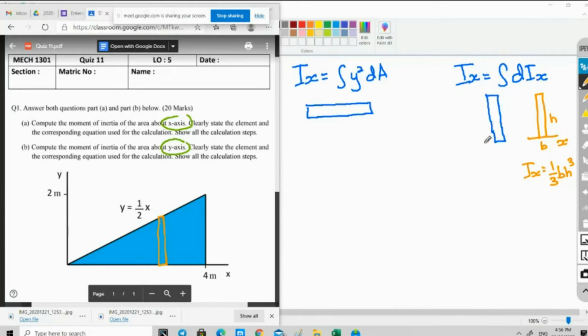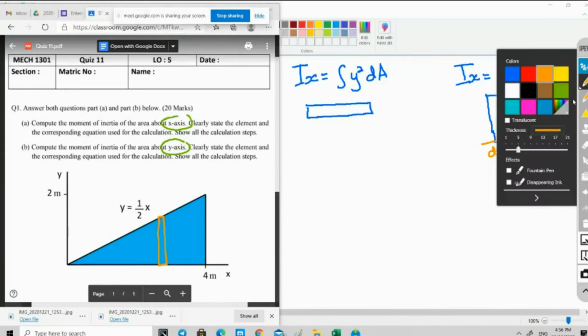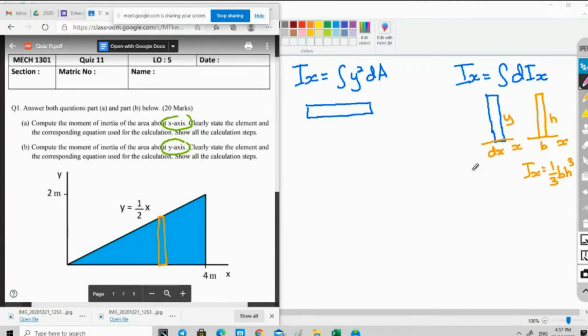So when the situation is like this, where the x-axis is here, and this is dx, and this is y, when you replace h with y and b with dx, what you will get is dIx, because it's differential, equal to 1 over 3 y cubed dx.